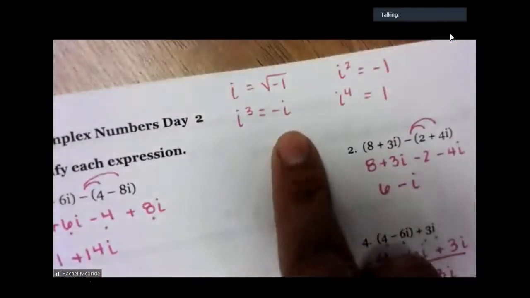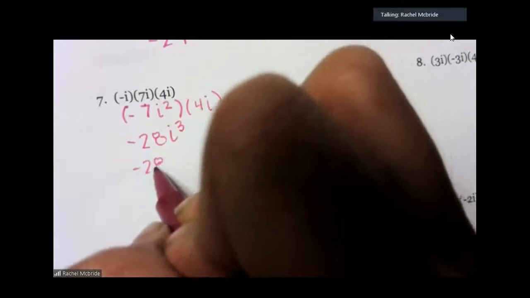But i cubed, so we're going to replace i cubed with negative i. And a negative times a negative is a positive, so this isn't hard. You just have to take your time.